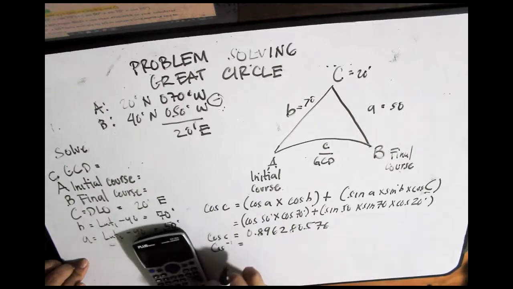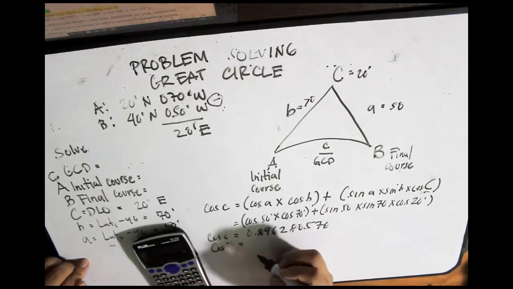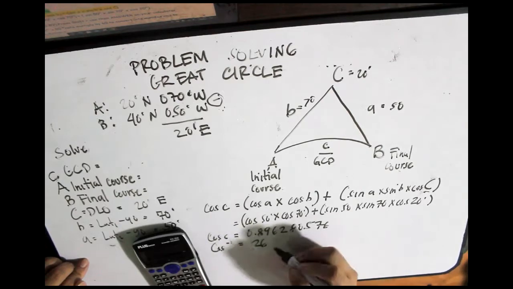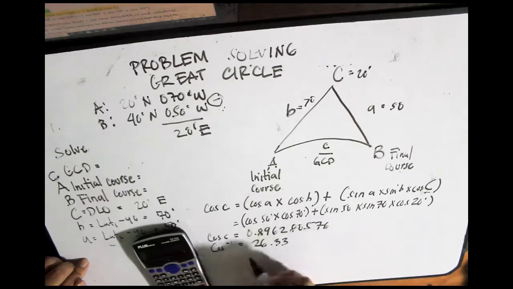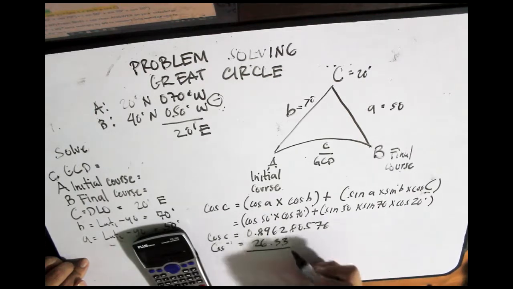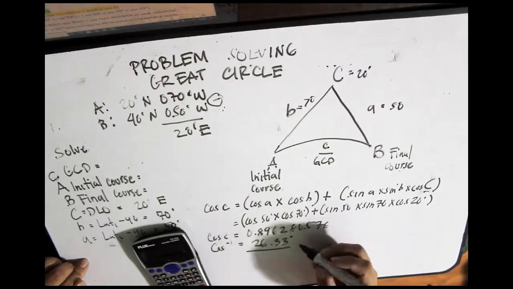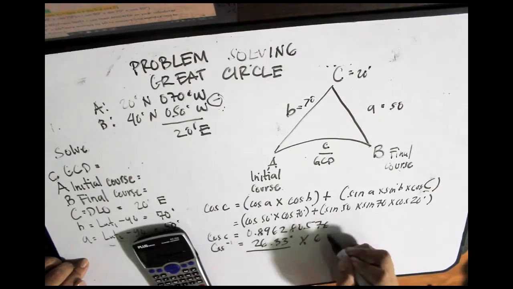Shift cosine. Answer. So, ang lalabas dyan ay 26.32 or 33. No? Then, degrees yan. To solve for the distance, we must multiply this by 60. Okay, multiply it by 60.